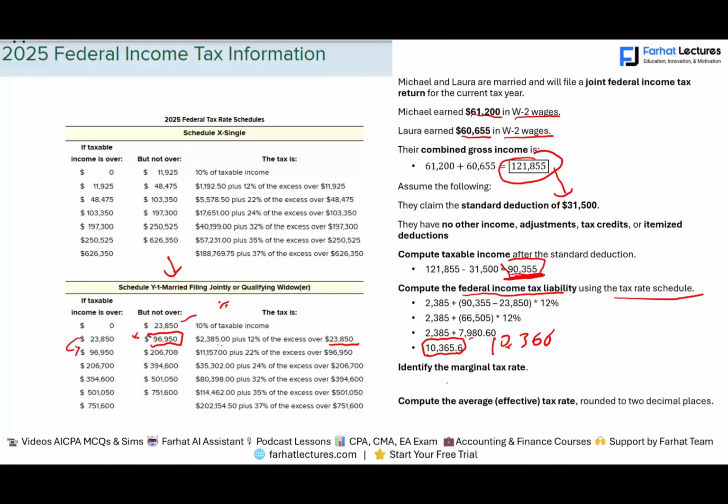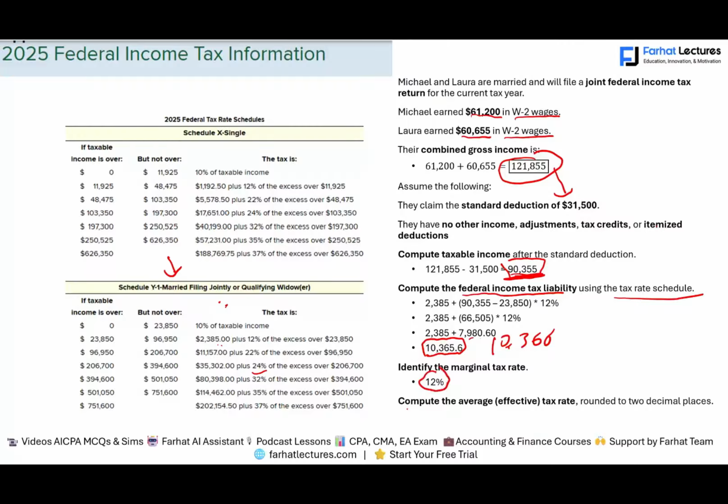So any additional amount above 96,950 will be subject to 22% up until 206. Then they will jump into the new bracket or a new marginal tax rate of 24, and so on and so forth. We talked about the marginal versus the average, but this is an illustration of it. So their marginal tax rate is 12%.